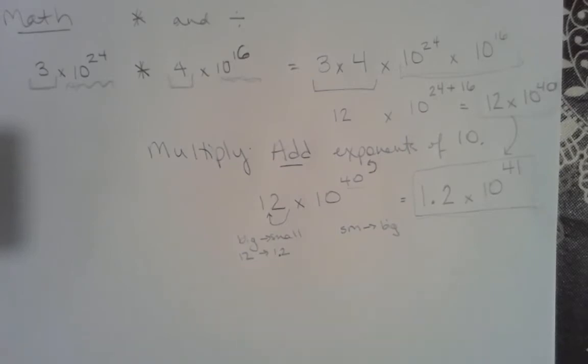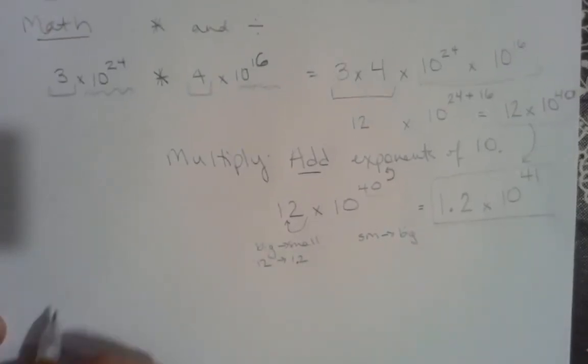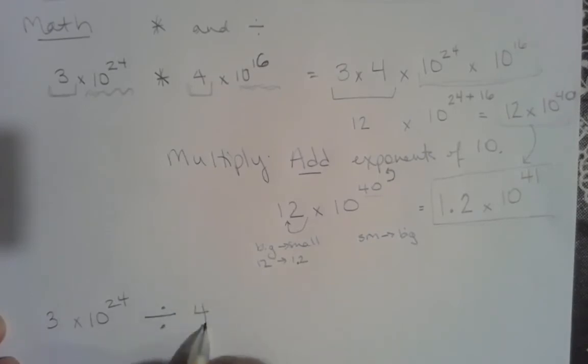Okay, so that was multiplying. Let's do that same idea, except now we're going to divide. We'll even take those same numbers, 3 times 10 to the 24. Instead of multiplying, now we're going to divide that by 4 times 10 to the 16.